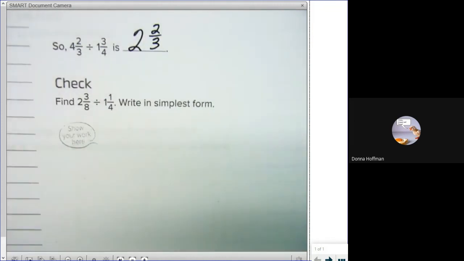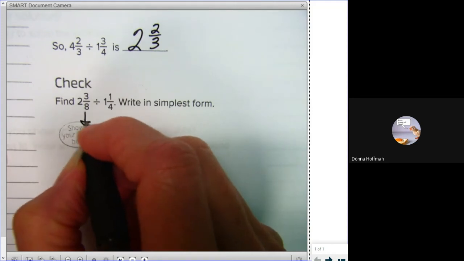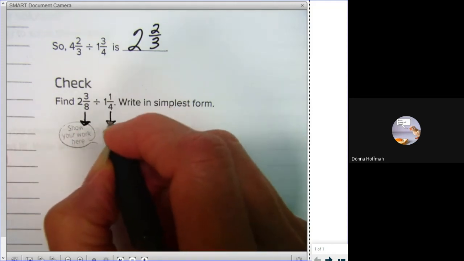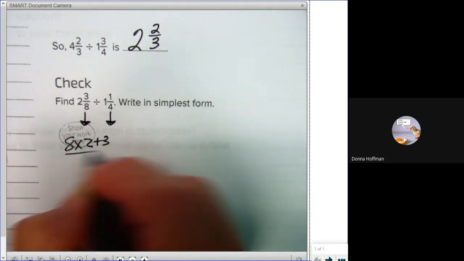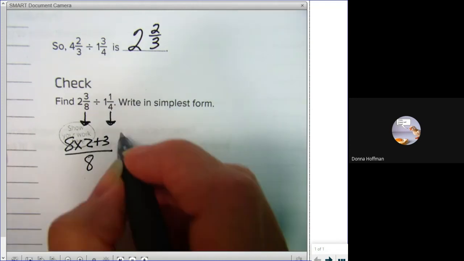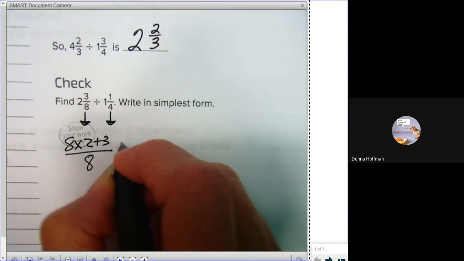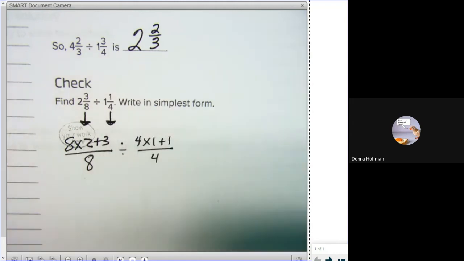The check is 2 3/8 divided by 1 1/4. Once again, I've got to change both of those into an improper fraction. So that's going to be 8 times 2 plus 3 for this one over 8, and that one is going to be 4 times 1 plus 1 over 4.